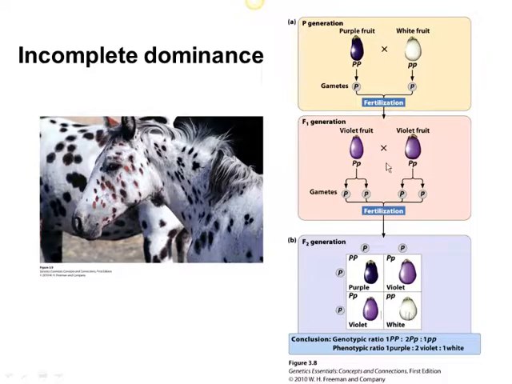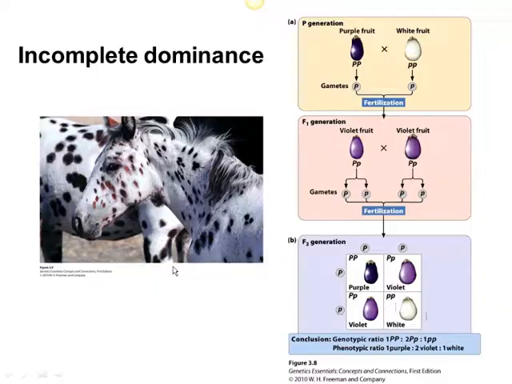Even though the initial cross seems like blending, if it really was blending, then crossing 2 light purple plants should still give light purple offspring. But because the alleles are separate and segregate according to Mendel's law, you can still get back to a fully dark purple or a fully white offspring.